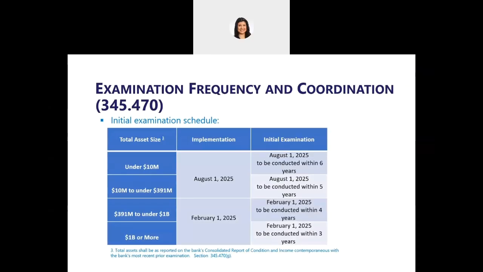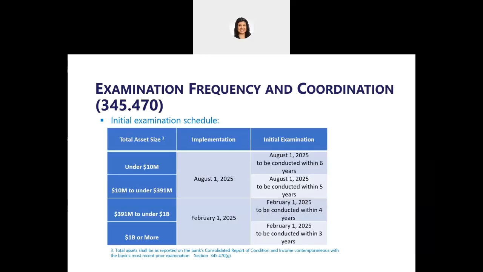The initial examination schedule is based on total asset size. Banks under 10 million in total assets will be conducted within 6 years, commencing on August 1st. And banks from 10 million to under 391 million is also in that same bucket of August 1st.